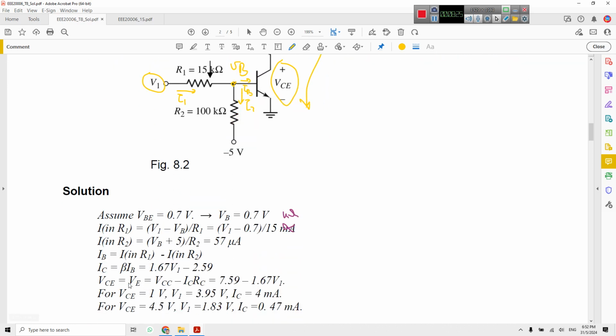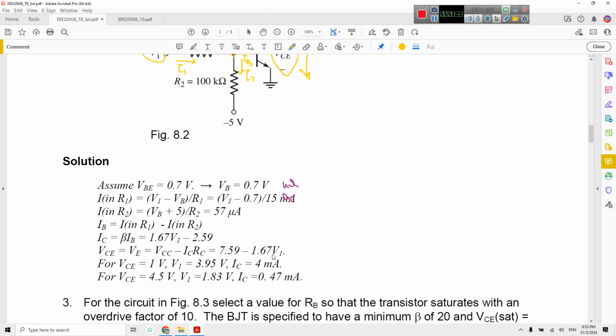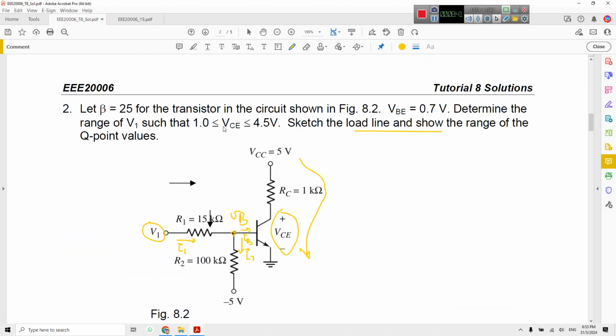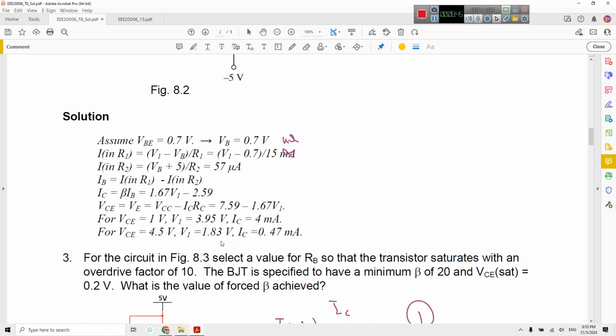So this equation: VCE equals VCC minus RC IC. Then the range, because we don't know V1, can be found if we put VCE at the minimum and the maximum. Then you can find out the values for V1 and IC.